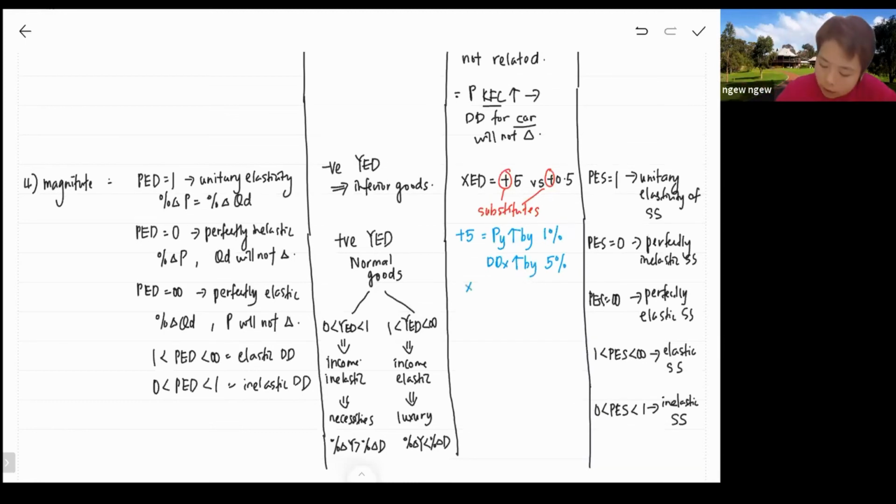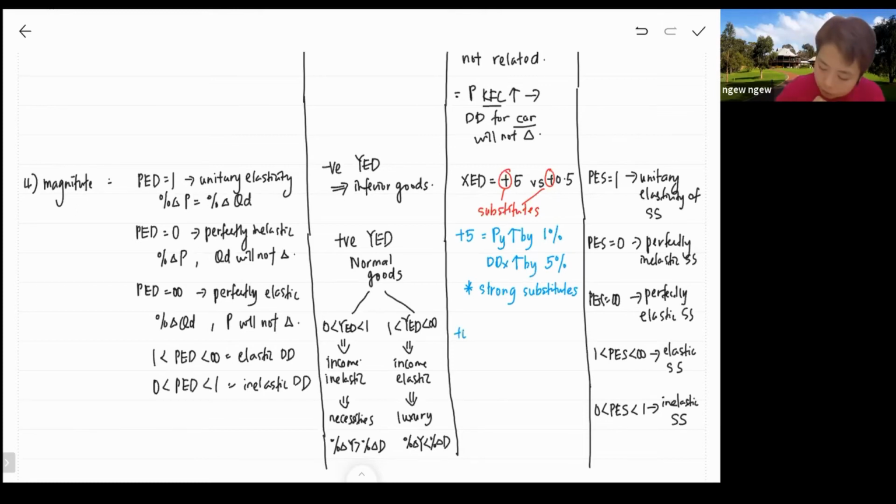This shows that two goods are strong substitutes. They are strongly related. Like Coke and Pepsi, like Honda and Toyota, they are considered very strong substitutes.